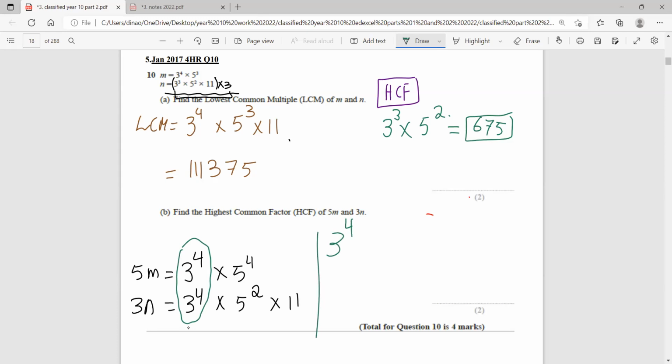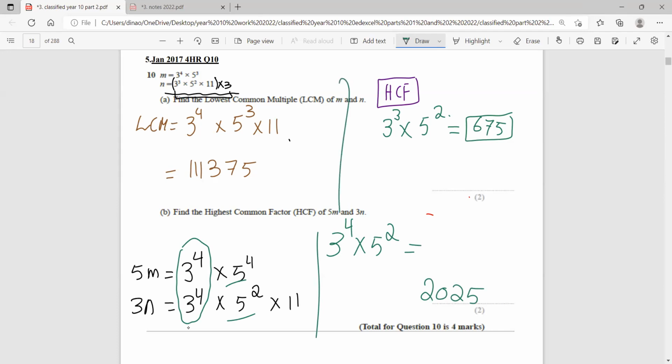I'll select it as common. And then with the 5s, I select the smaller 5, which is 5 power 2. Calculate 3 power 4 times 5 squared, it comes out to 2025. 2025, this is your HCF.